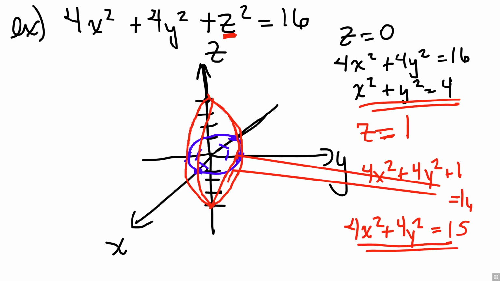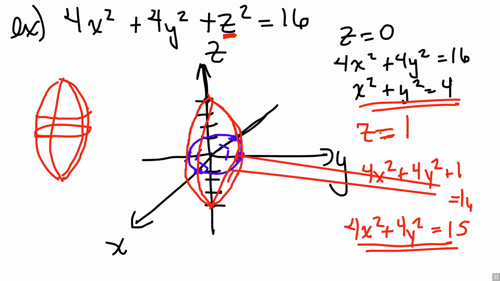So in a freehand look, you have this shape that is filled with circles, but they're getting smaller as you go up toward 4 and smaller as you go down toward -4. Any questions there?